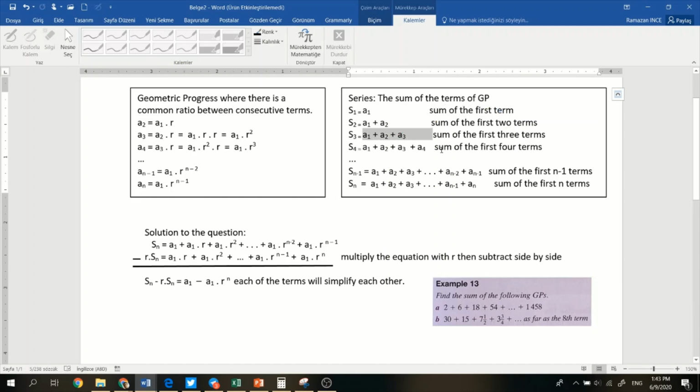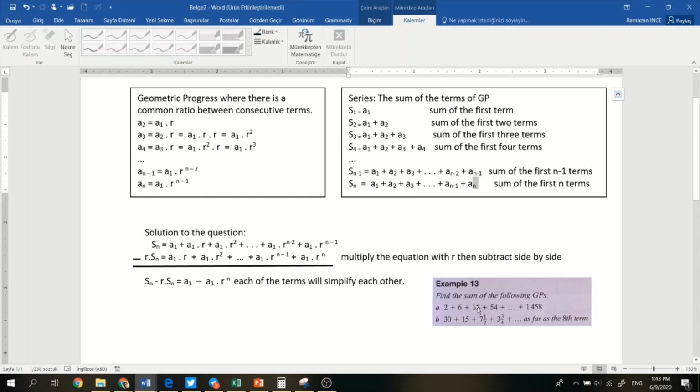S4 is A1, A2, A3, A4. Sn minus 1 means the sum of the first n minus 1 terms, from A1, A2, A3 till An minus 1. And Sn is the sum of all the terms from A1 to An.